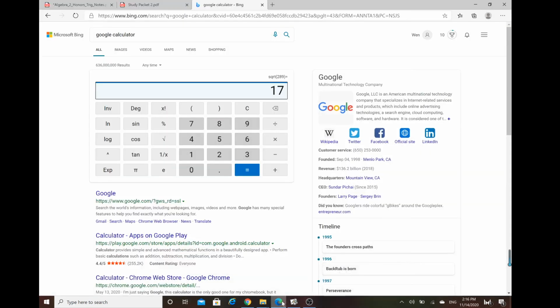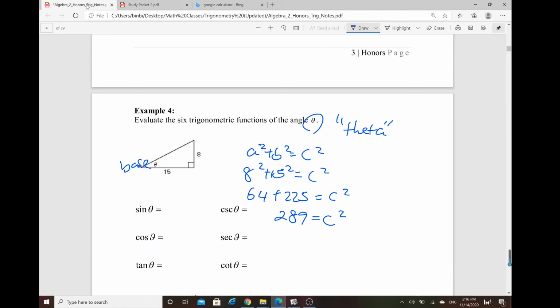So 17 is the hypotenuse. Let's label the sides: opposite, adjacent, and 17, obviously, the hypotenuse that we just found. Using the formula we identified earlier, sine is opposite over hypotenuse, so it's 8 over 17.